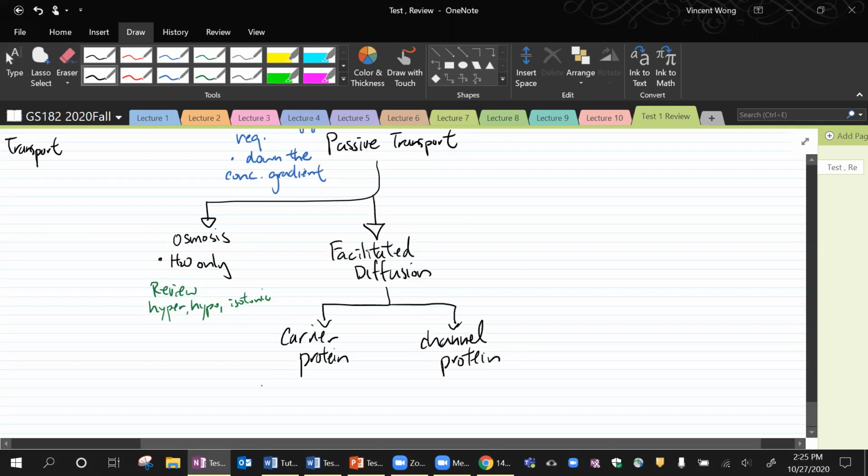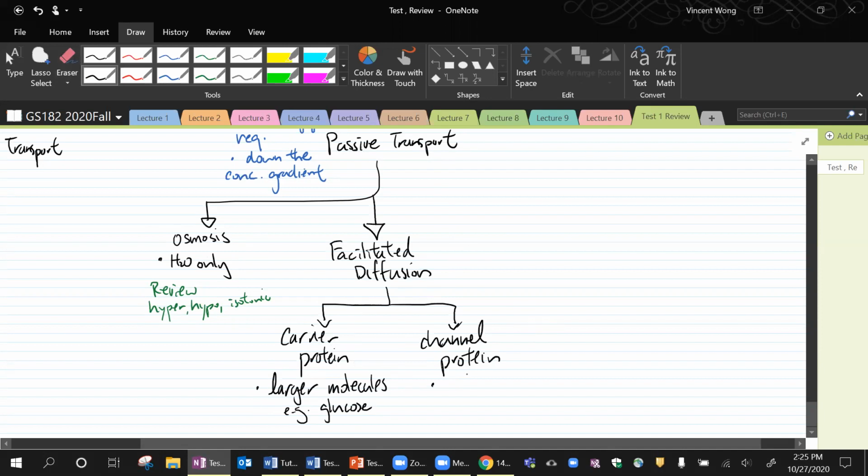Carrier protein is typically for larger molecules, such as glucose. They cannot squeeze themselves through the gaps in the phospholipids. They're too big, so you need a carrier protein to move them across.